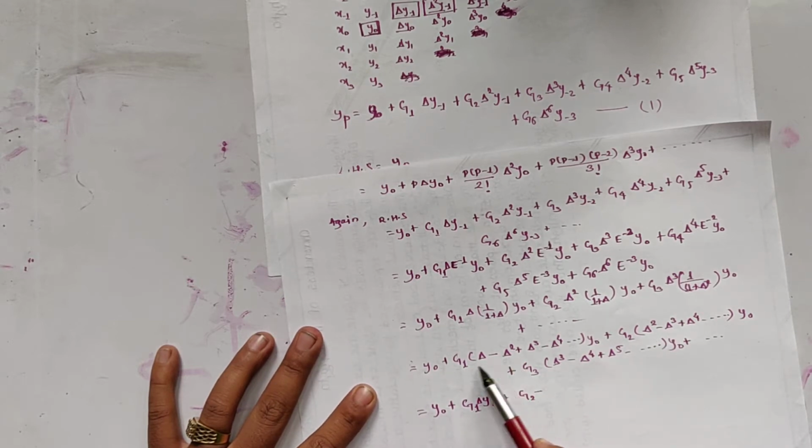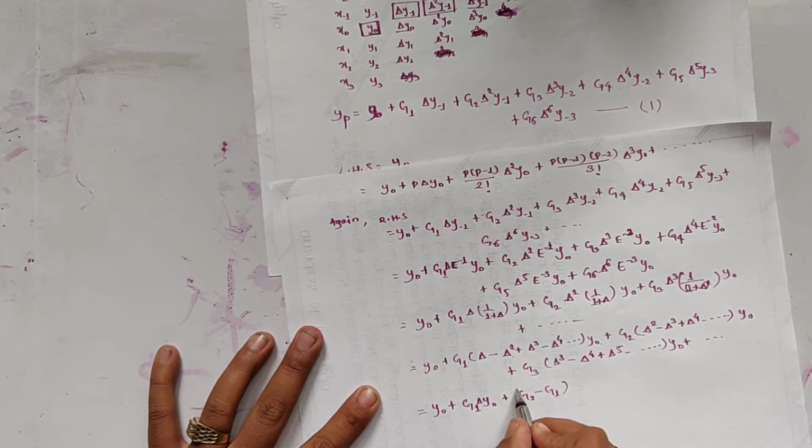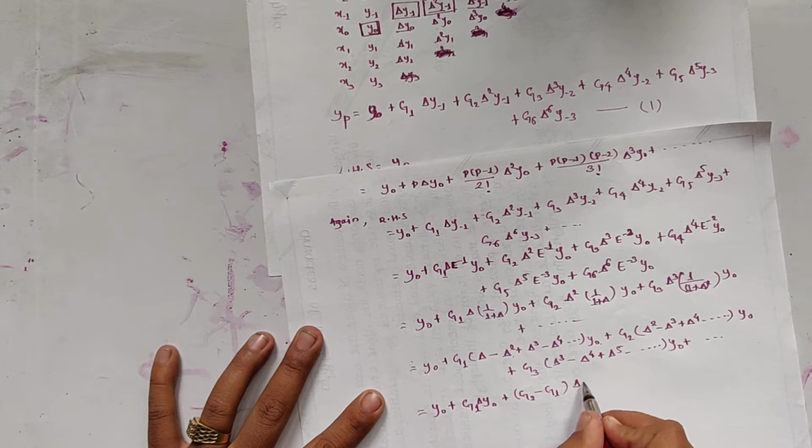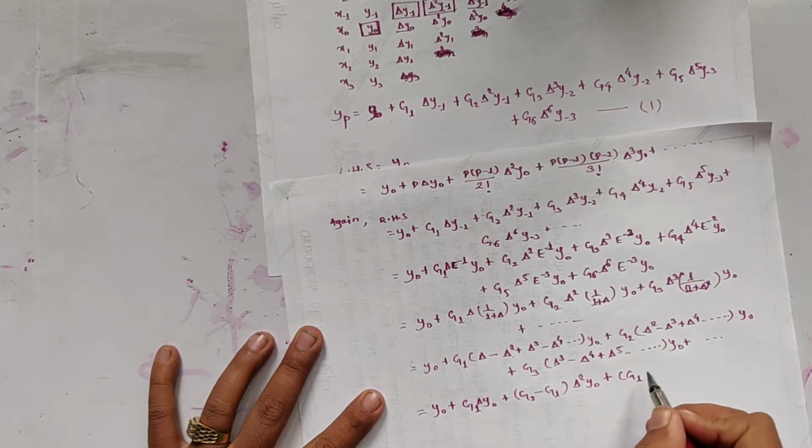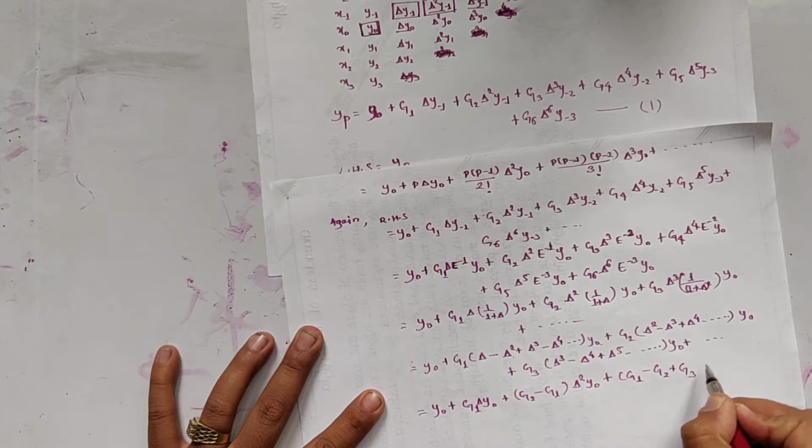There is G1 delta square y naught and G2 delta square y naught, so we can take the common part between these two, and we get G2 minus G1 delta square y naught. Plus, similarly, here is cube and here is cube, so we can take common: G1 minus 2 G2 plus G3 delta cube y naught.